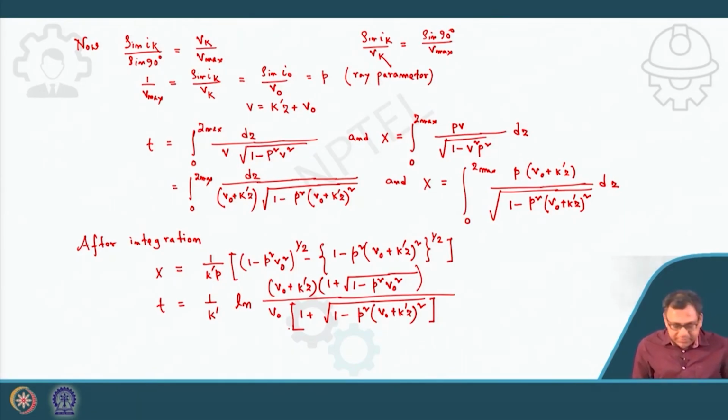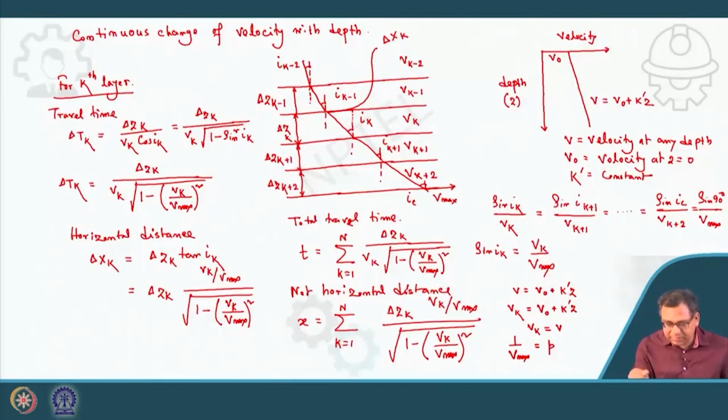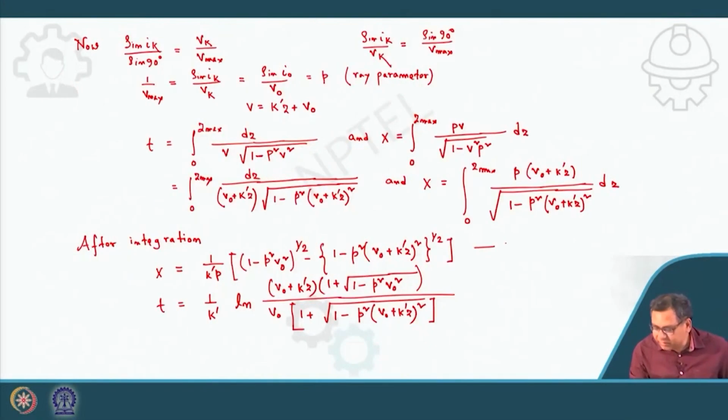Now, from here, I can write this x value. How can I write that? Let me explain that. If we have two equations, I have not given any equation number, so let me call this equation 1 and equation 2.